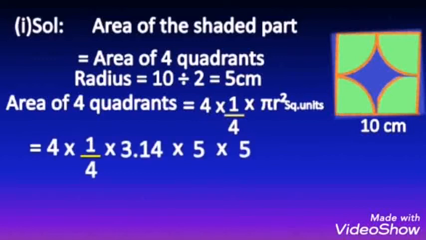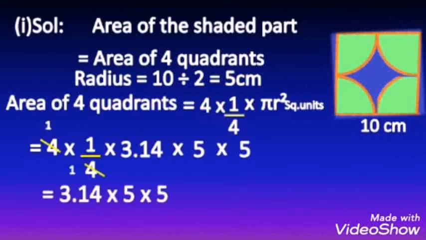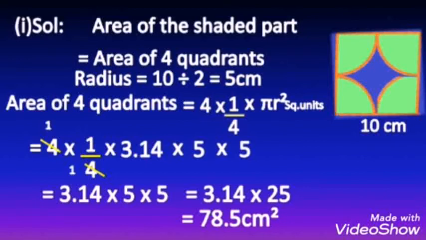It is equal to 4 into 1 by 4 into 3.14 into 5 into 5. Now let us simplify. 4 ones are 4, 4 ones are 4. 3.14 into 5 into 5 is equal to 3.14 into 25, which is equal to 78.5 centimeter square.